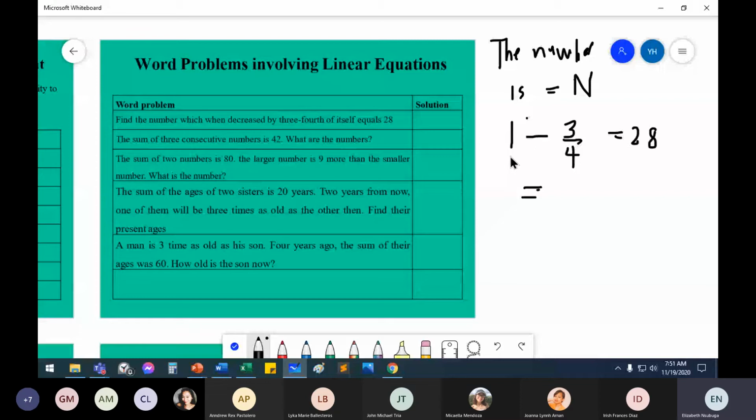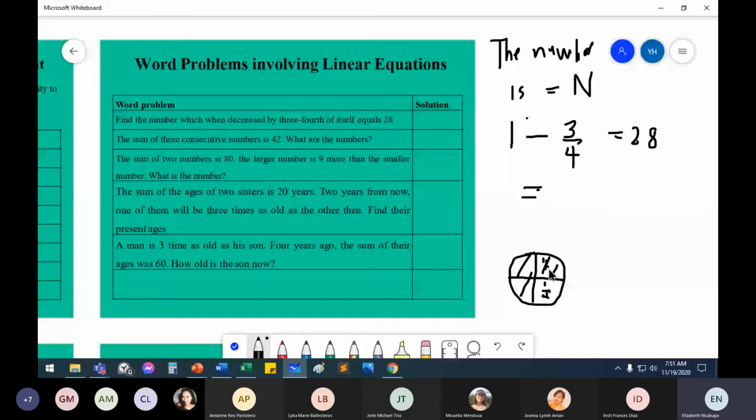So it's the same as saying, what is 1 minus 3/4? What will it give you, students? 1 whole minus 3/4. What will remain? 1/4, right?